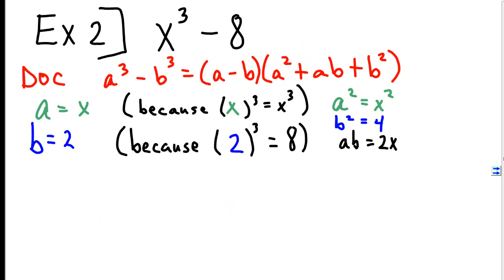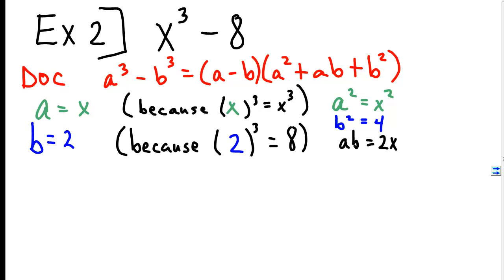Example 2, x cubed minus 8. This is a difference of cubes. The formula, as given before, is a cubed minus b cubed equals a minus b times a squared plus ab plus b squared. A is equal to x because when we cube it, we get x cubed.